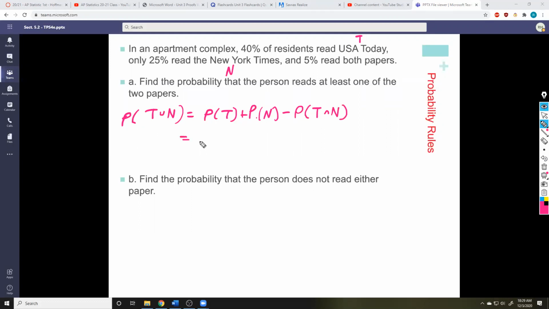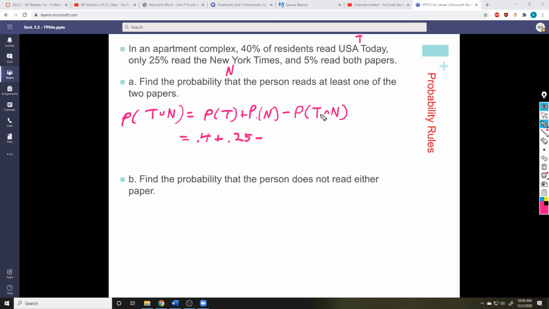So the probability of T, the probability that they read the USA Today, is 0.4. Plus the probability that they read the New York Times is 0.25. But then if we do this, then we are double counting the people who read both.